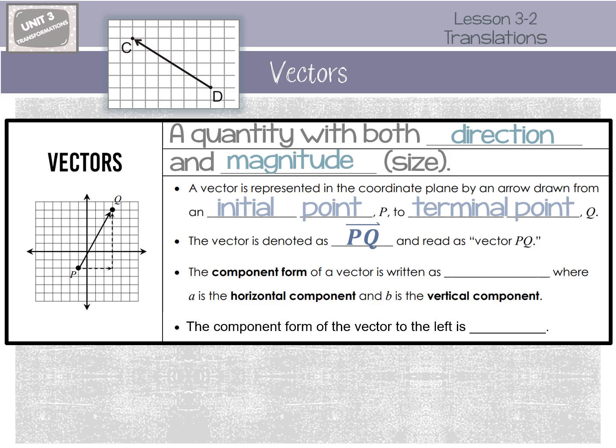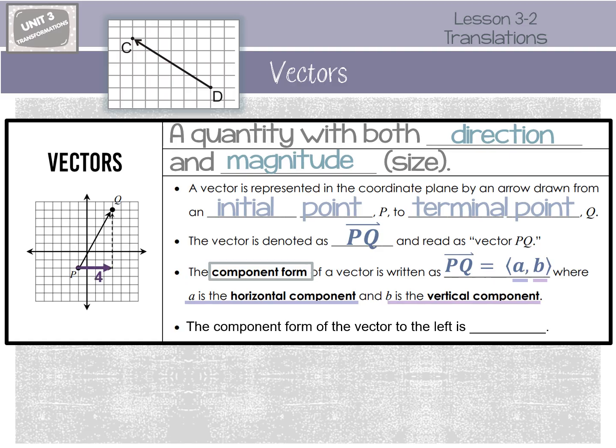The component form of a vector is written as vector PQ equals, and then we have these brackets. There are no less than and greater than signs, okay? It's just pointy brackets, and that's a and b. a is the horizontal component, and b is the vertical component.